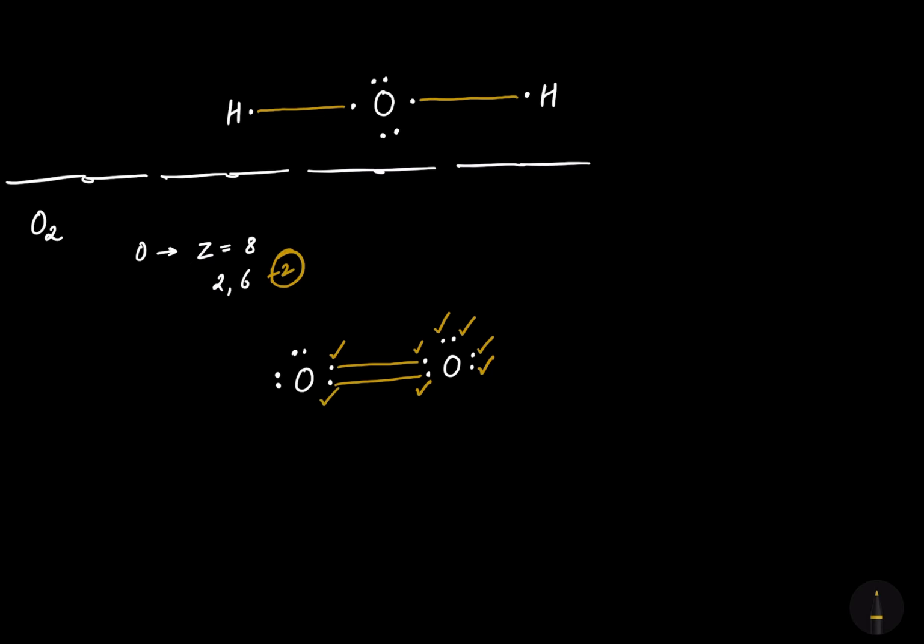So the second oxygen has also achieved 8 electrons in its outermost shell by sharing 2 electrons with the first oxygen atom, that is, forming two covalent bonds with the first oxygen atom. So here you can see that there is the formation of two covalent bonds between two atoms, and that's called a double bond.